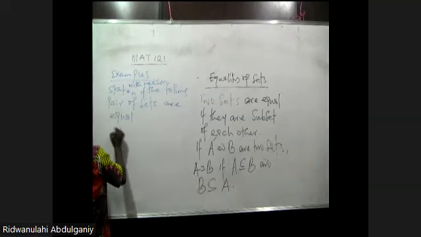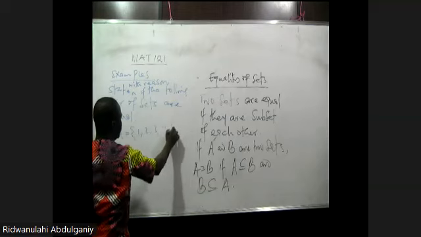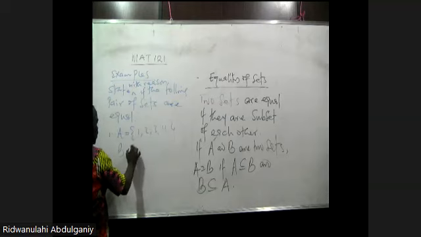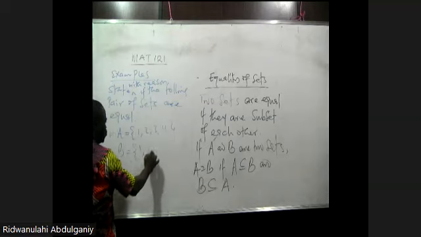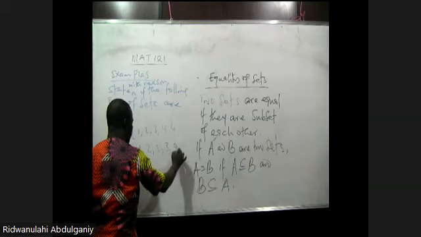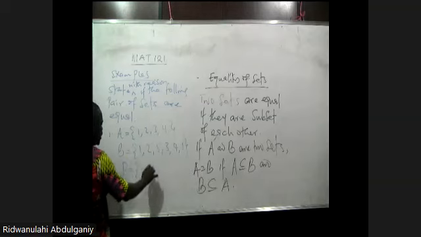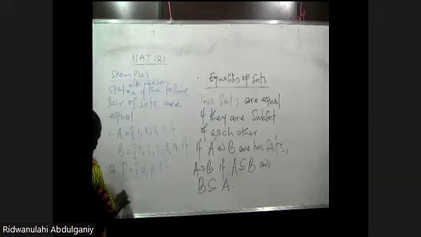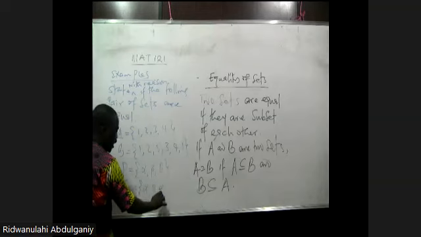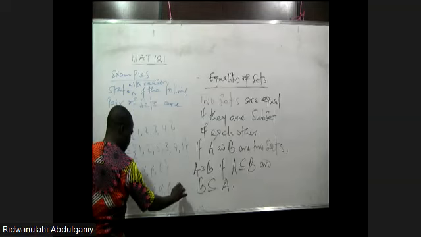Let me start with number one. Set A = {1, 2, 3, 4} and set B = {1, 2, 5, 3, 4, 1}. Number two: set P = {alpha, beta, theta} and set Q = {alpha, beta, alpha, theta, beta, alpha}.